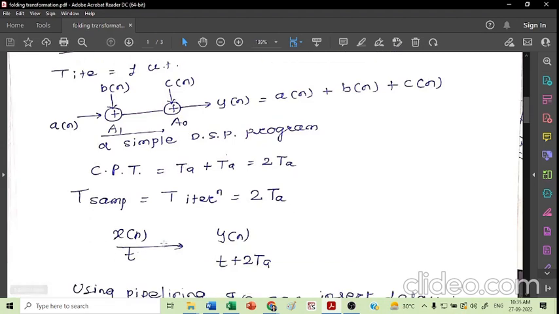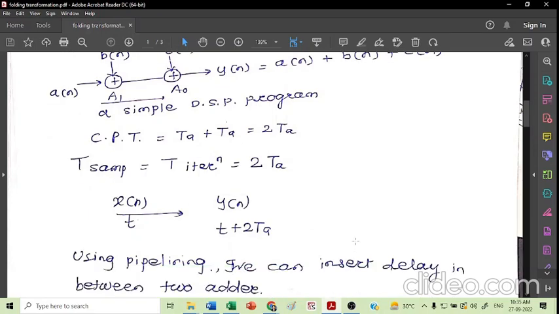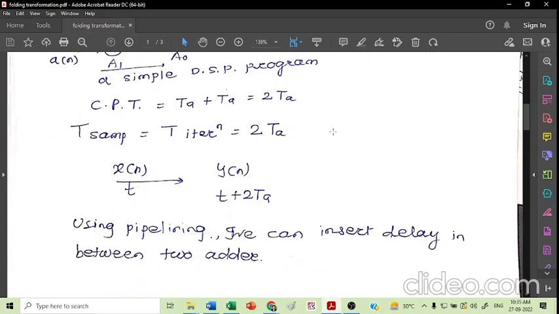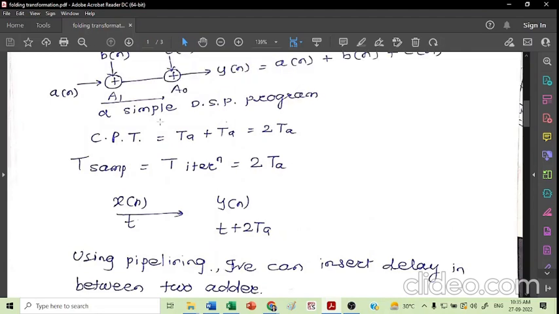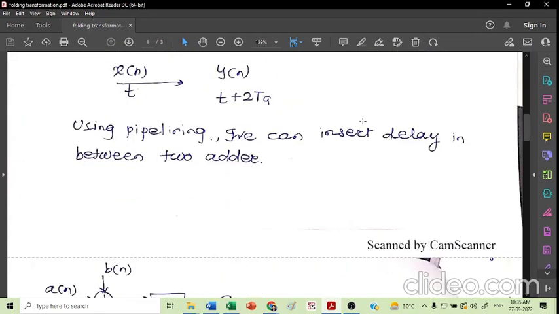Here the input is given at time t, and here we will get the output at t plus 2TA time period. Now using pipelining we can insert a delay element in between the two adders. If we use pipelining, then we have to add one delay element in between these two adders.